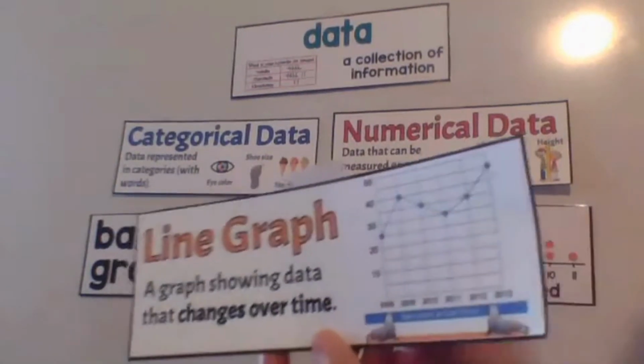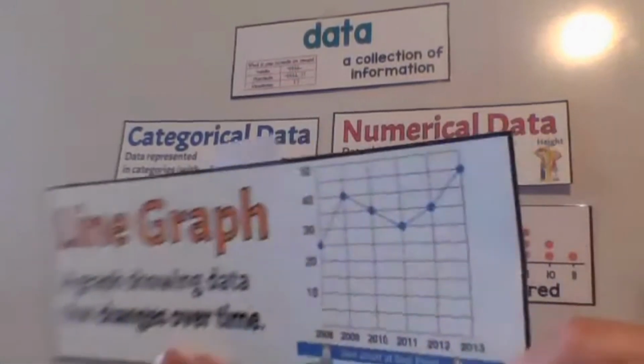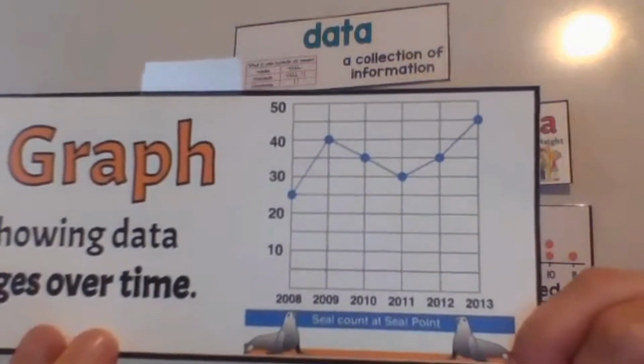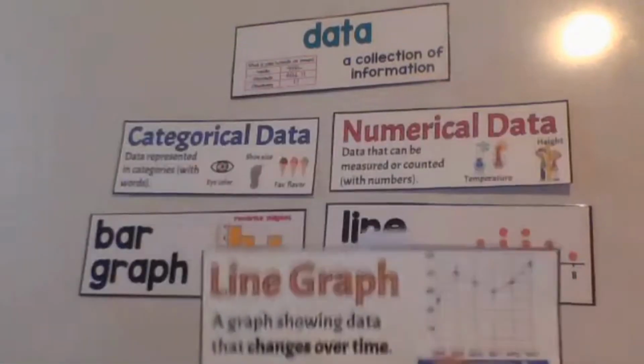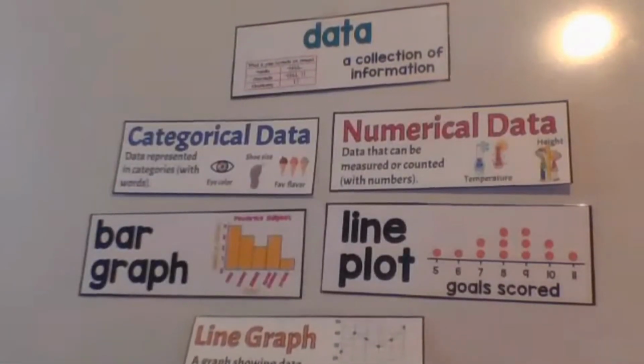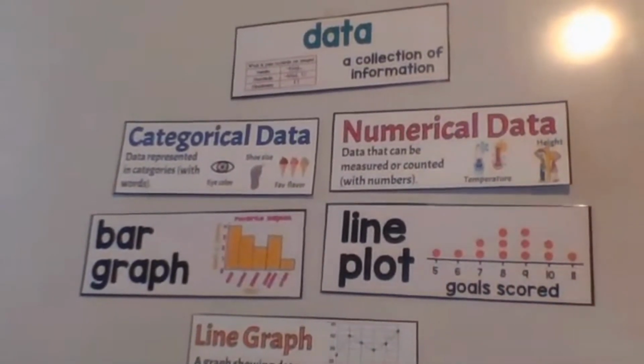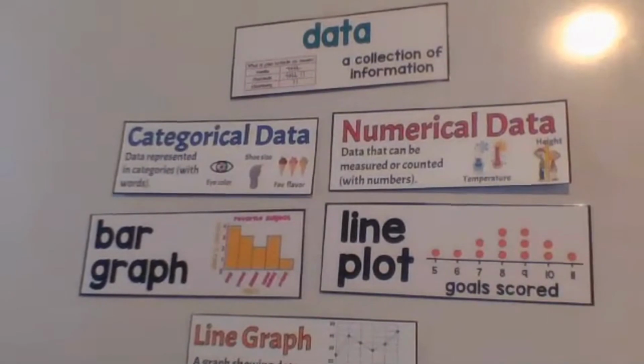So they take that information over the years and they graph it onto a line graph. So I'm just going to put that right here on the bottom. I'm going to take a picture of this and post it on Google Classroom just so you guys can kind of keep that fresh in your mind.